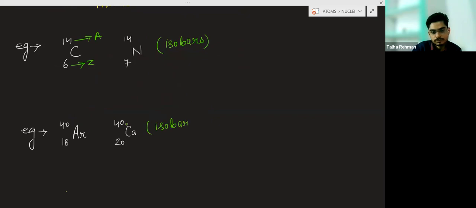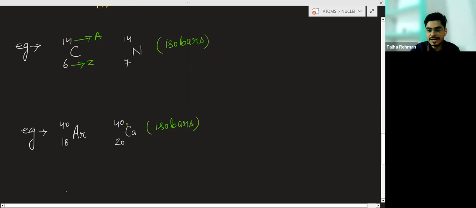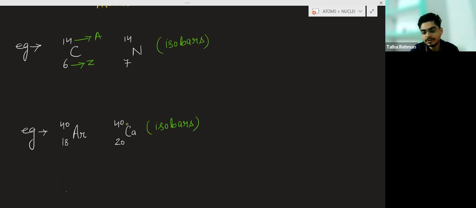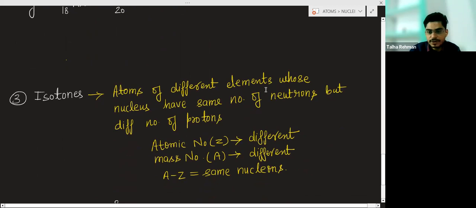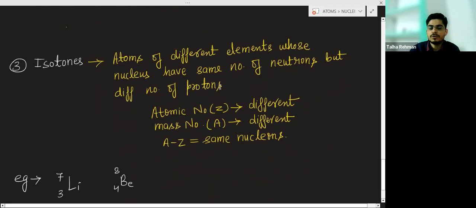After that, there are isotones. Isotones have the same number of neutrons. The isotones are the atoms of different elements whose nuclei have the same number of neutrons but different number of protons.